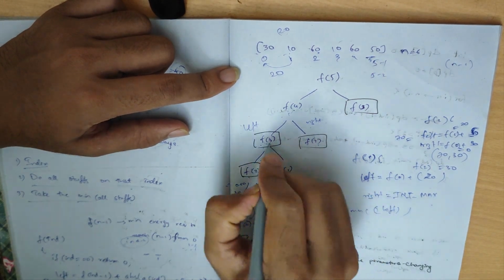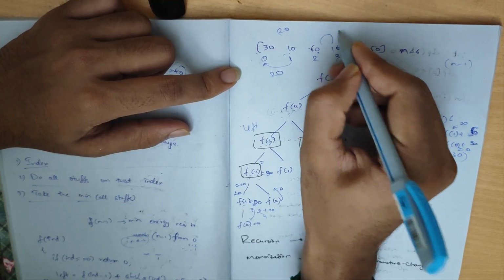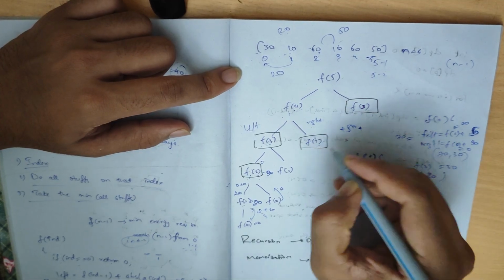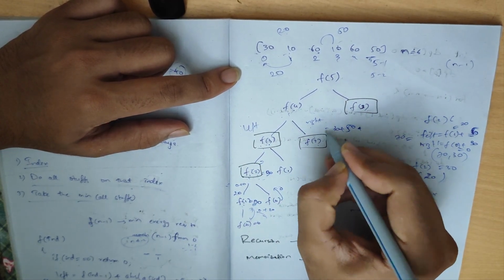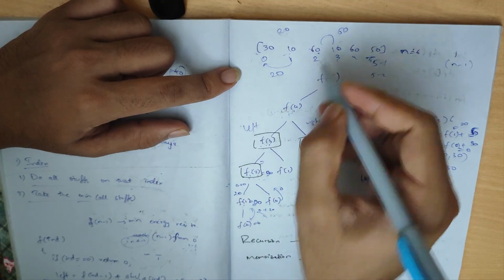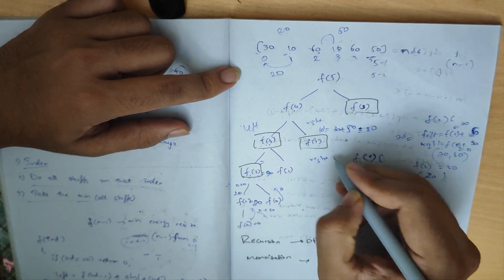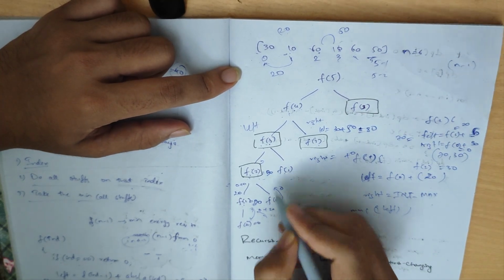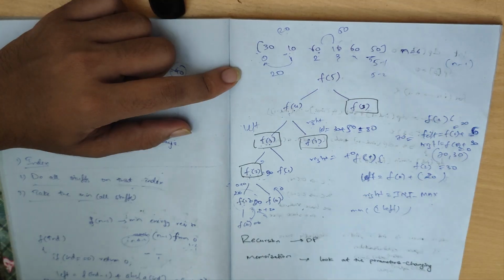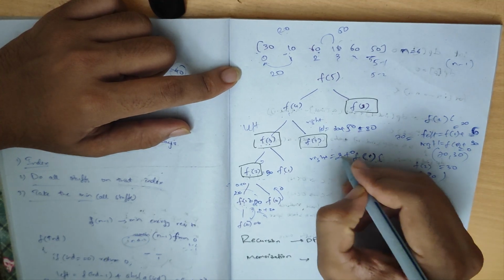And now for the f of 3 function, the difference between f of 3 and f of 2 is 50, and 50 plus the f of 2 value, which is 30, so left is equal to 80, and for the right, f of 3 and f of 1, the difference is 0, plus the f of 1 value, which is already 20, so it is an overlapping situation, so its value is 20.